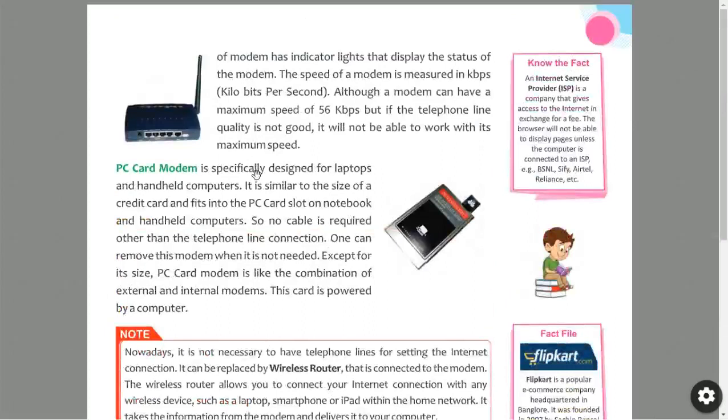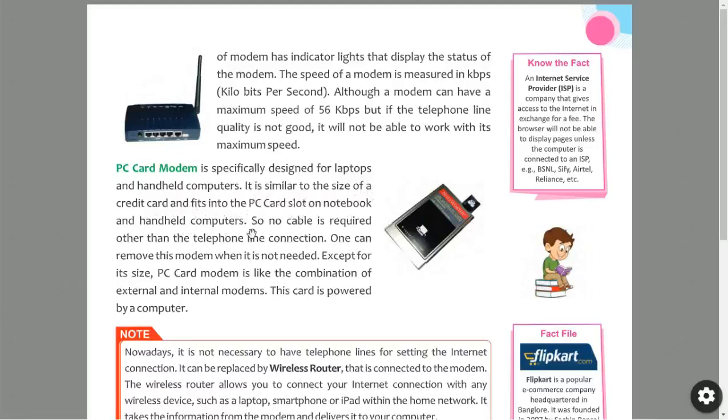PC card modem is specifically designed for laptops and handheld computers, means the computer which we can carry easily in a hand. So that is handheld computers. It is similar to the size of a credit card and fits into the PC card slot on notebook and handheld computers.